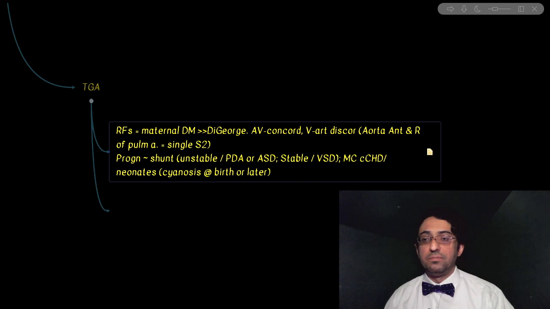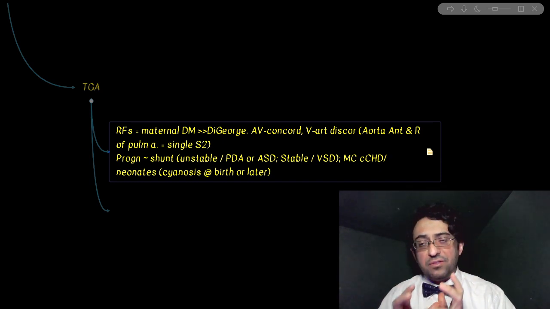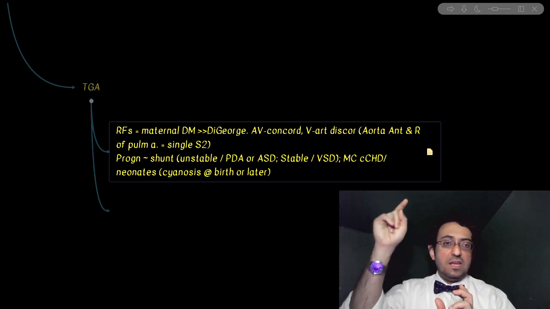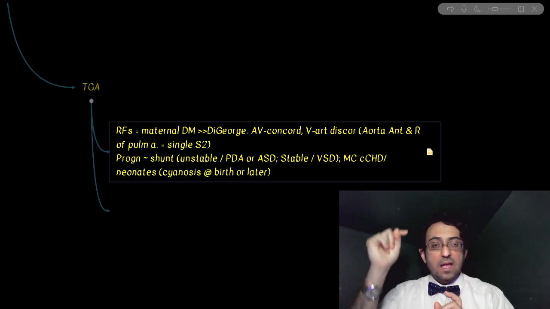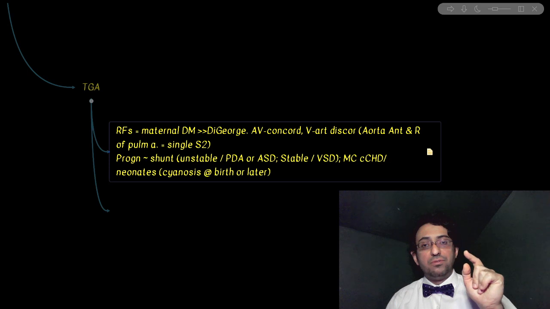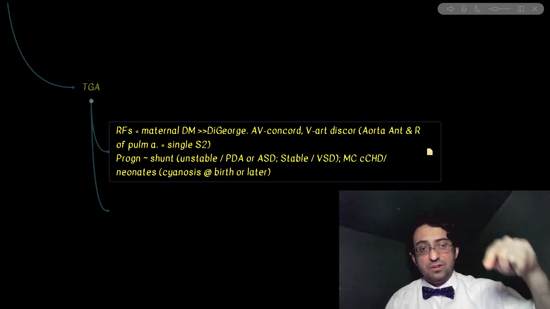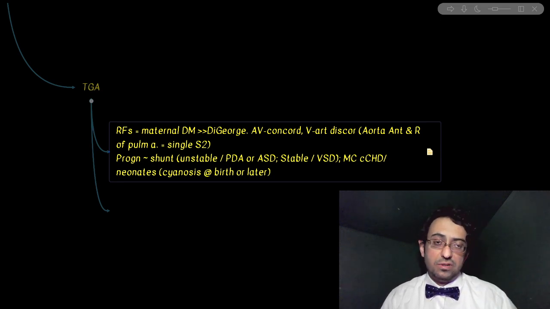transposition of great arteries. Well, remember that left ventricle has oxygenated blood. This left ventricle pumps into pulmonary artery in the transposition, right? And then pulmonary artery via the patent ductus arteriosus brings this oxygenated blood to descending aorta.